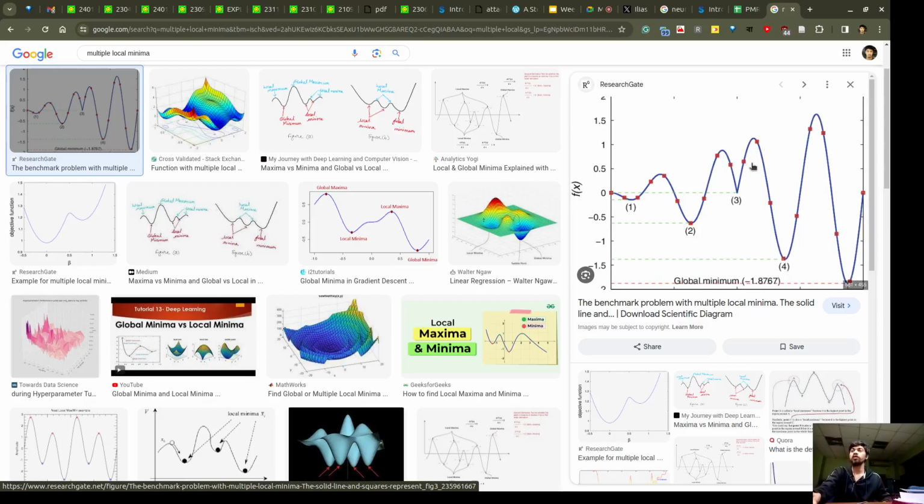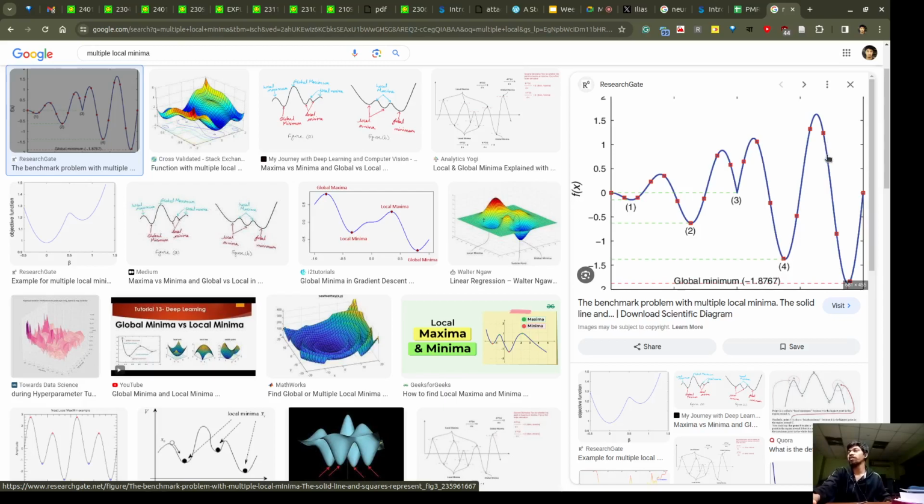Similarly, if we initialize differently, suppose here, we will think that the minimum is here, so we will come here. If we initialize here, we will think that the minimum is on the right, so we will go here and reach here. So basically all these 1, 2, 3, 4, they are local minima. So what is happening when we are initializing something?